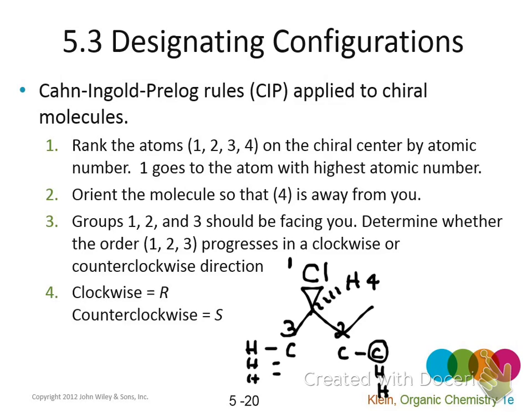Okay, so now, hold your molecule in front of you, like this, and put the 4 group away from you. So it's basically you're holding it the same way that you were looking at it before, right? And then look at the rotation of the priorities, 1, 2, and 3. So which way is that going? So it's clockwise, right?